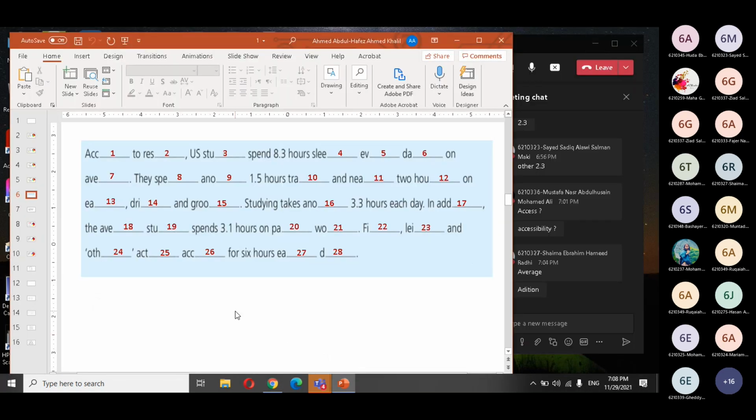The word here is account. Account for, not the meaning you know about account, accounting. Account for means responsible for. Account for 6 hours. Okay.